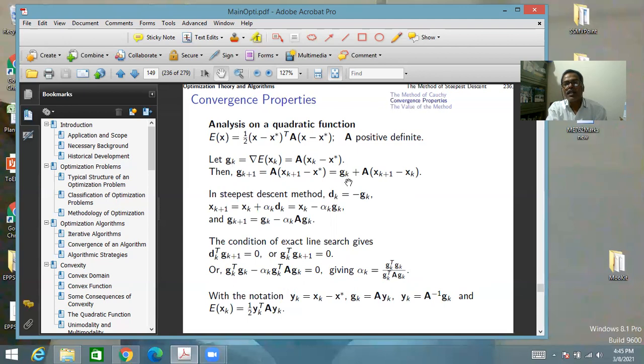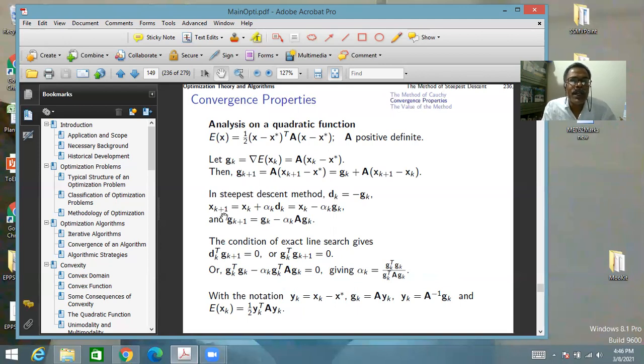So gradient at x_k plus this extra term. That is the gradient at x_{k+1}. Now in the steepest descent method, the direction is minus g_k. I mean, if you are using the normalized version, then you can develop a parallel analysis which will go to the same point finally.